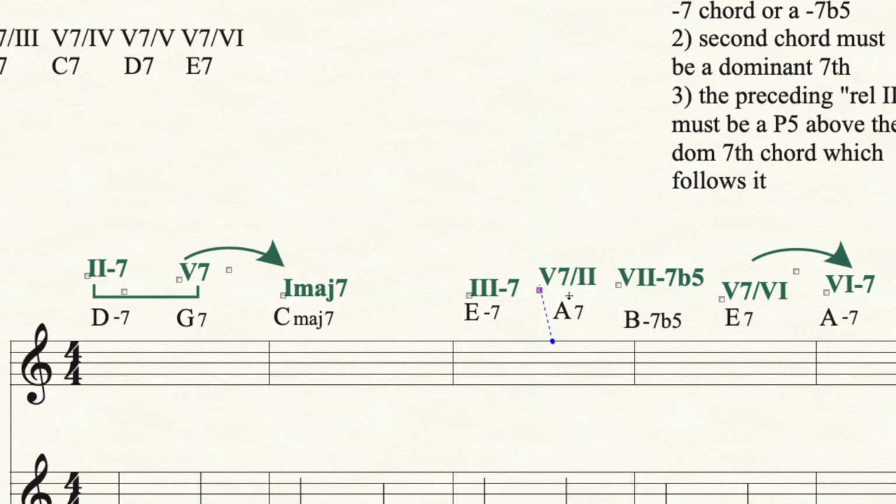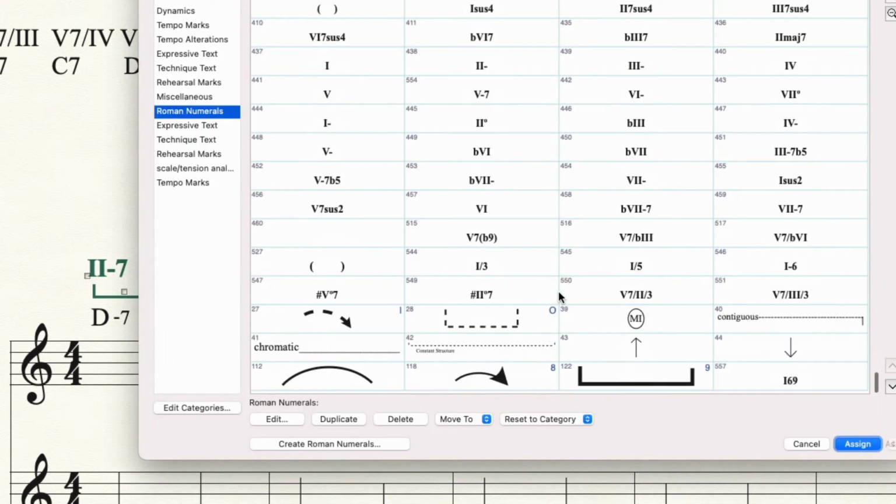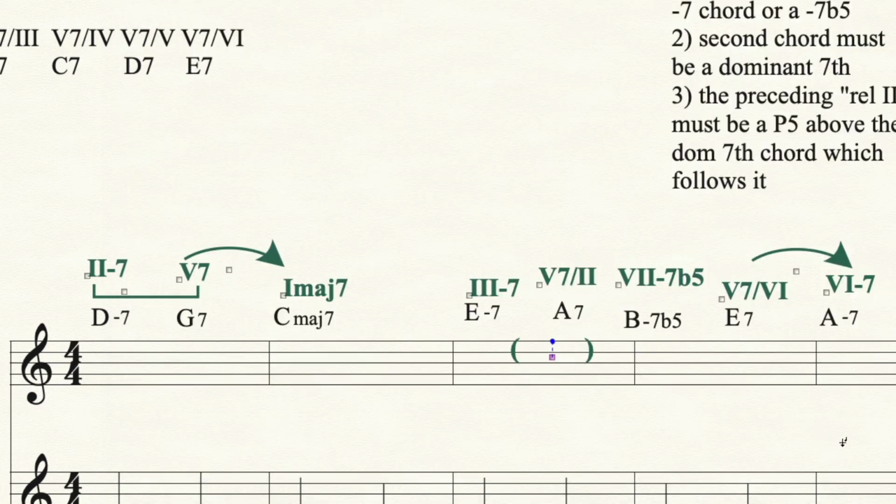And so there's an additional symbol for that. When a dominant chord resolves deceptively, in other words, it does not go to the expected chord down a perfect fifth, we put that Roman numeral in parentheses as a way to communicate that it is in fact resolved deceptively. So we do this.